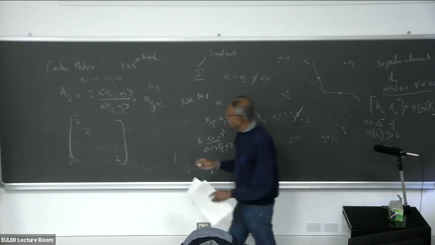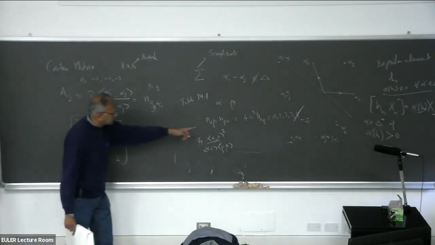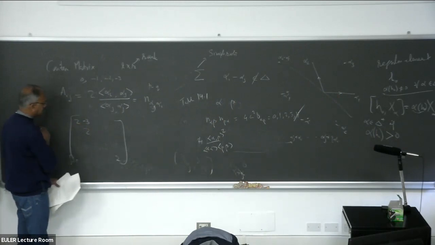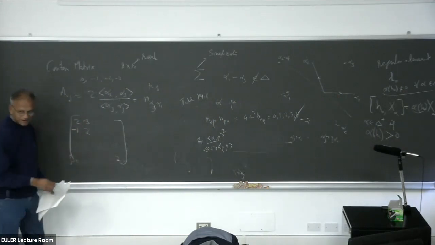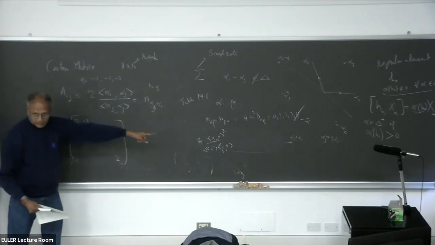So that means that if suppose this number happened to be minus 3, then this is going to be minus 1, because the product of these two numbers, a_ij times a_ji, is exactly that number that we're computing.